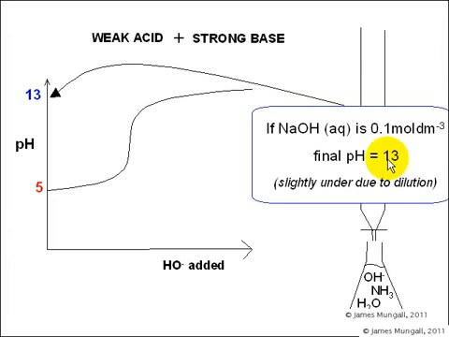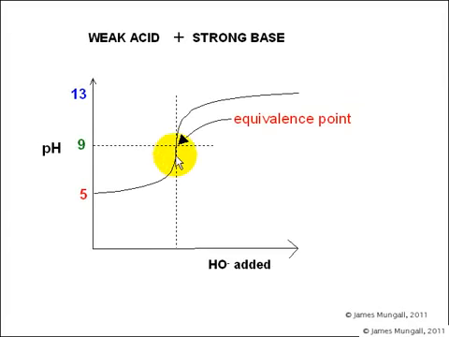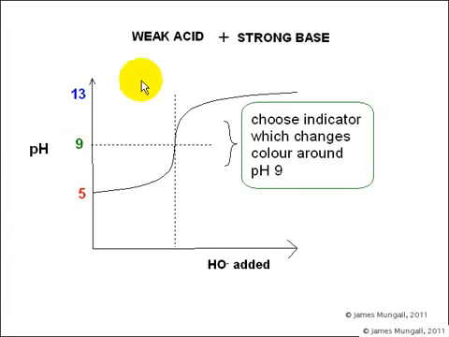The point at which the neutralization has just occurred will have taken place at a pH between the starting and final pHs. In this case, 9 is halfway between 5 and 13. Therefore, for the reaction of a weak acid with a strong base, we should use an indicator which changes pH around 9.